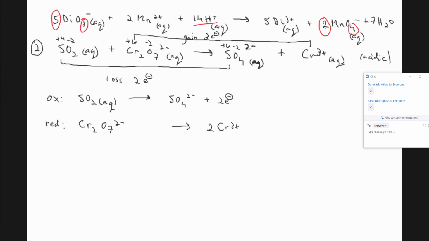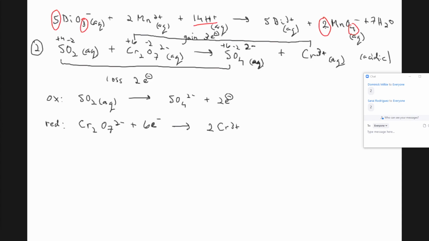So it gained 3 electrons, but realistically, there are 2 of them, so you actually gained 6 electrons. It's 3 for each atom, right? And then since there's 2 chromium atoms, you gain a total of 6. So this is the number of electrons that we see being transferred.